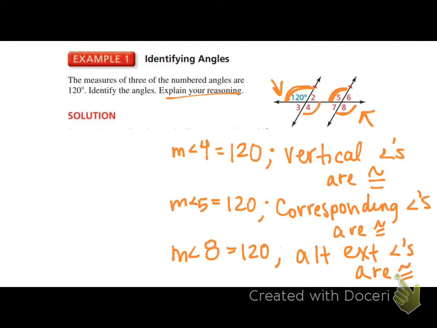I still want you to take your highlighter. I'm going to try to help you. Take one highlighter. We're going to highlight all of the angles that are 120 first. Then we're going to highlight with a second color. The remaining angles will all be the same measure, and you are already equipped to know what the measure is.